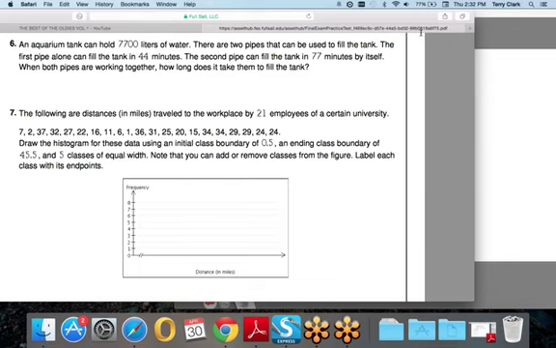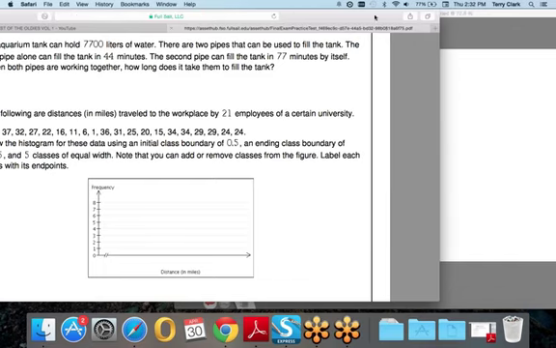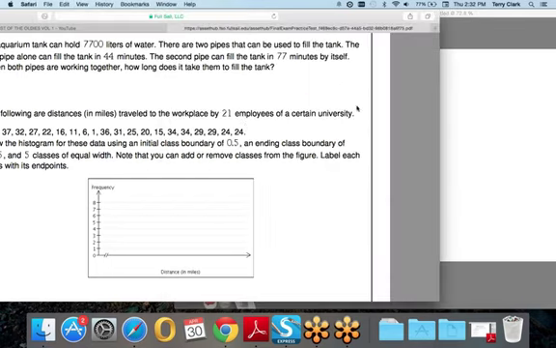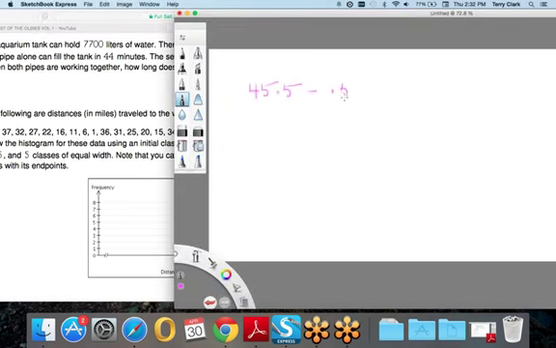First thing we're going to have to do is figure out what the class width is. So we'll take the 45.5, and then we're going to subtract the 0.5 from it. Then we're going to divide that by 5, because that's going to tell us how many classes we have.